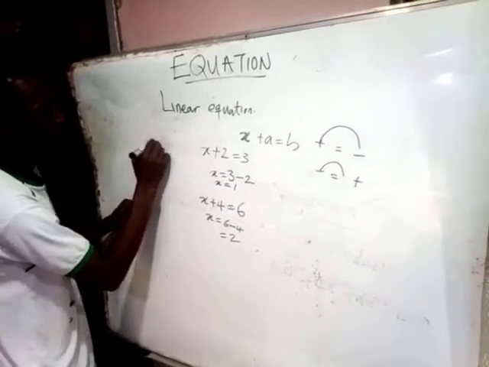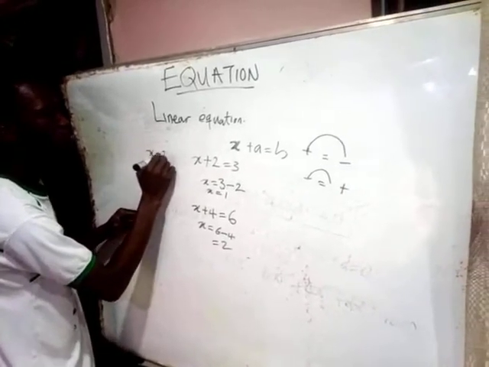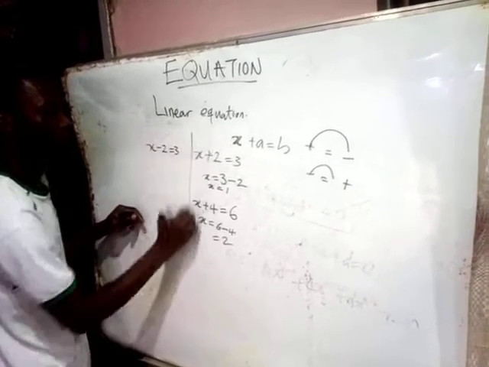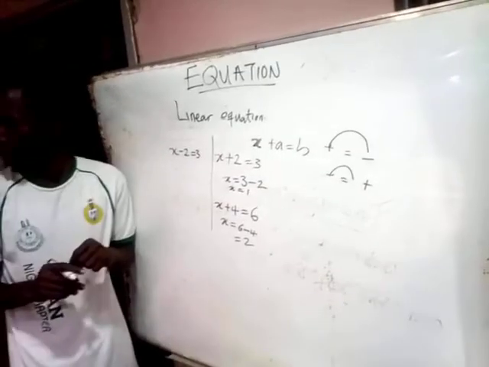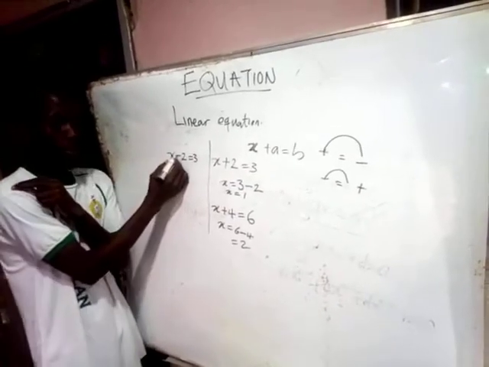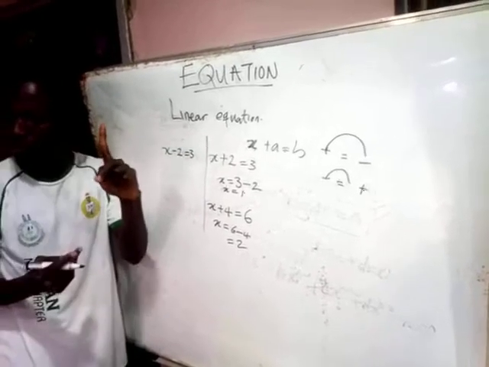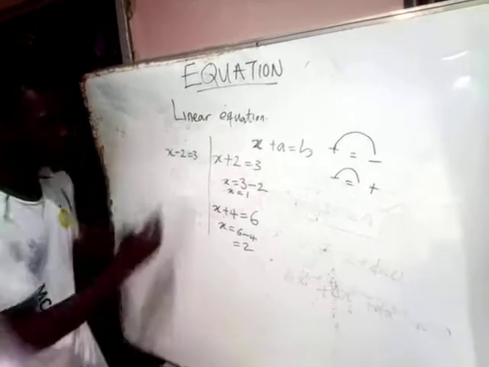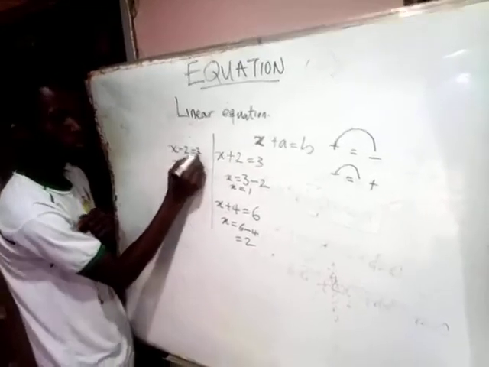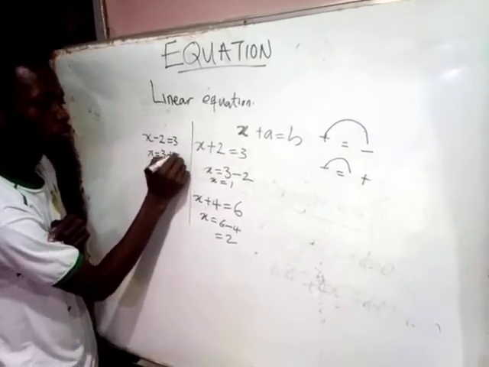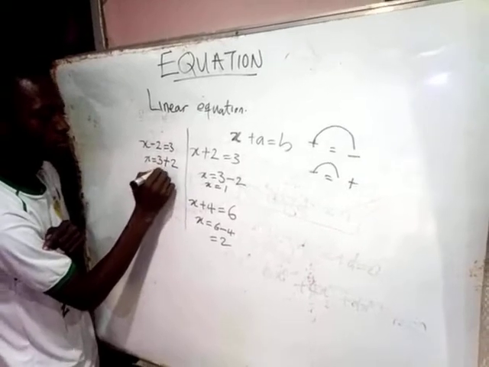Again, we have x minus 2 is equals to 3. Here, to take this minus 2 across, it will change to what? I need your voice to be loud. Plus. So it will be x is equals to 3 plus 2, which is equals to what? 5.